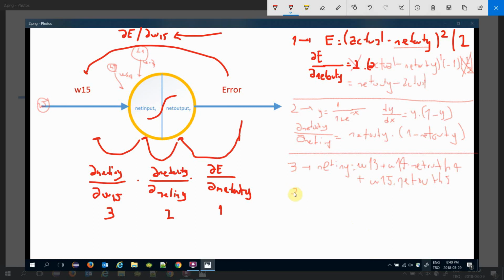Now I need to calculate the derivative of net input Y with respect to W15.